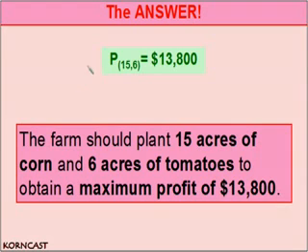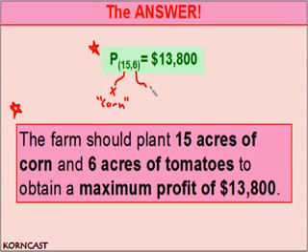Alright, so here's how we want to write the final answer. Once we've determined that we got $13,800 as our best answer, we now want to write our answer in a complete sentence. And I know it's a big task to write a sentence, but it means that you have to interpret the problem a little bit. Since this is our X, and X was talking about corn, well, our farm should plant 15 acres of corn.